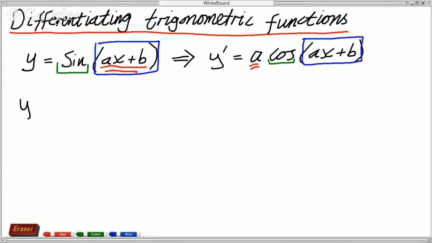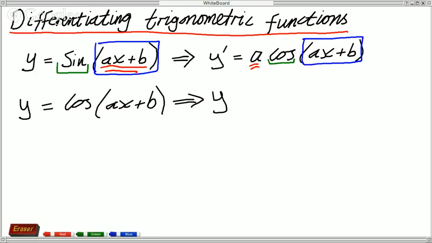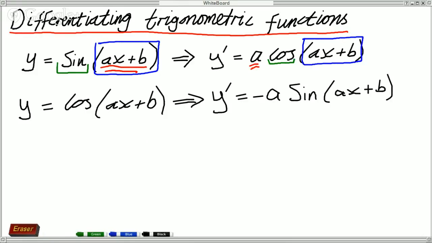So let's have a look at the next one. Let's say we have y equals cos ax plus b, and if we differentiate that, we would end up with negative a sine ax plus b. So the thing out the front is the derivative.